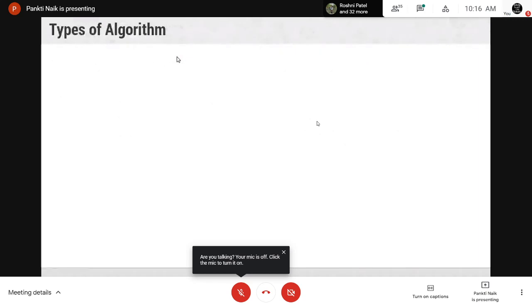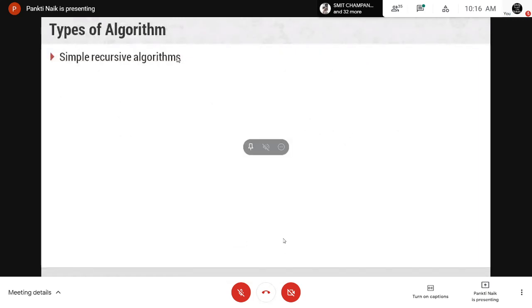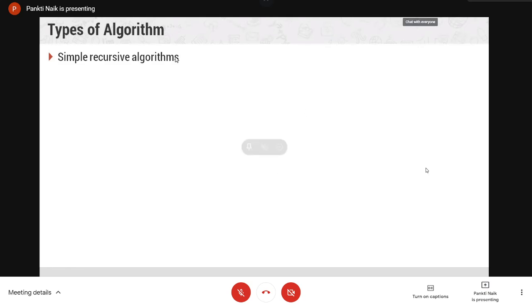Next, let us discuss the types of algorithm. These are the different types of algorithms. First is the simple recursive algorithm. Now what do you mean by recursive? Already you learned recursion in your PPS.